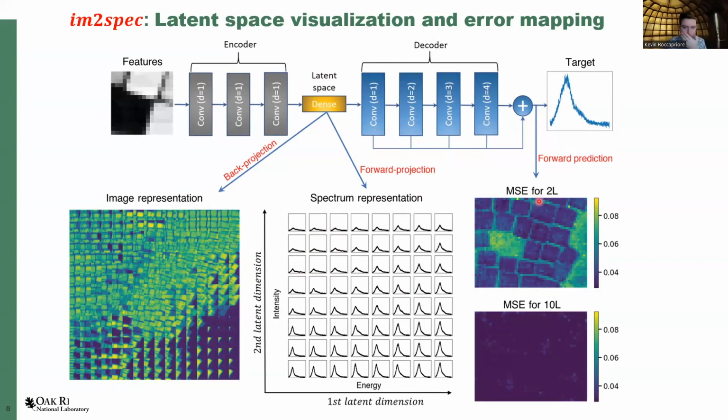And so again, we can look at the error for different numbers of latent dimensions. This is what L is. 2L means 2 latent dimensions. 10L means 10 latent dimensions. So we can increase the number of latent dimensions here to whatever we want.